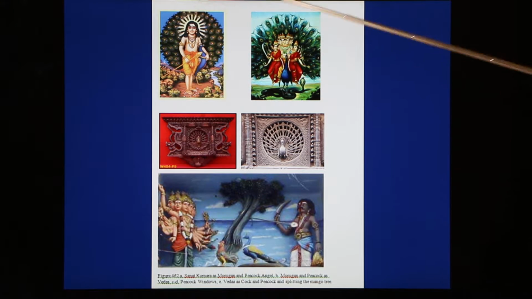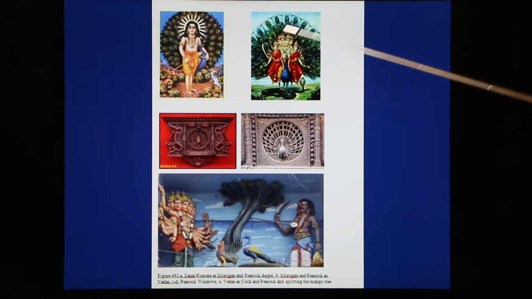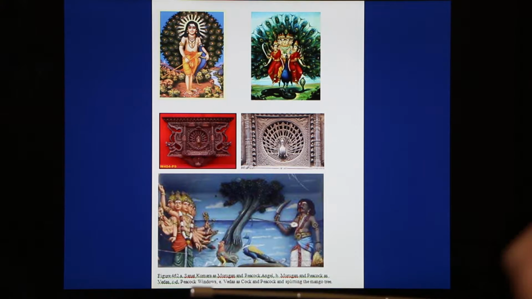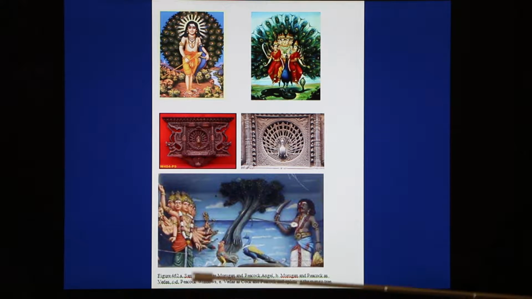The story goes that he is the life, and the peacock that's behind him is a symbol of the Vedas. And sometimes we see him as Murugan or Kartikeya with 6 heads. So we have 4 heads for Brahma, 5 for Shiva, and 6 for the sun.